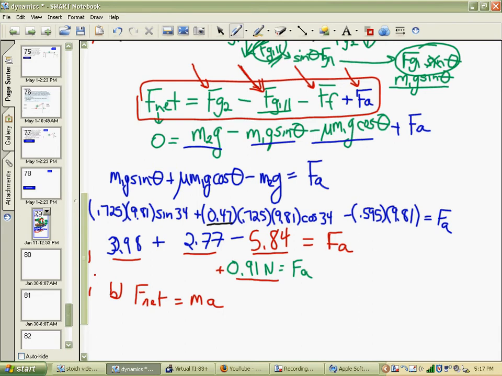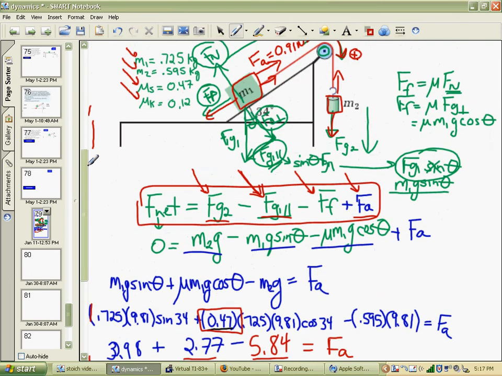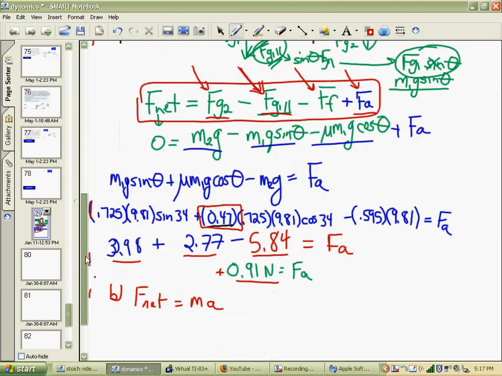So all of these numbers, Fg2, Fg1 parallel, and Fa, are the same numbers as before. The only thing that changes is the mu of 0.47, which becomes 0.12, because we're at the point where the static coefficient of friction becomes the kinetic coefficient of friction. So a lot of our numbers are going to be the same.